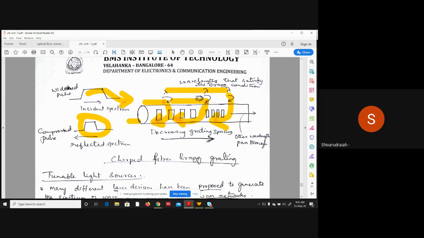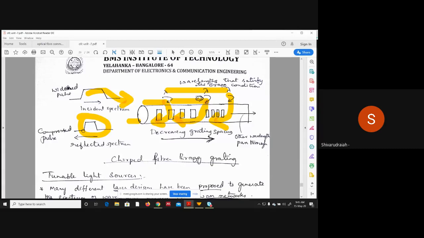So this widened pulse, which has undergone pulse broadening, is being compensated by reflecting multiple wavelength signals at different distances. That compensating effect is such that the compressed pulse is the result of reflection of wavelengths at different distances.